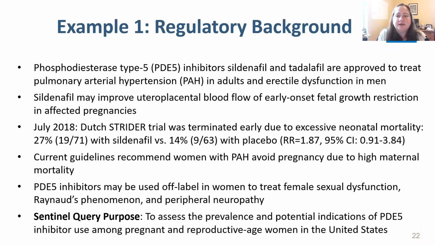So there was a set of trials called STRIDER, an international consortium of four randomized controlled trial sites. They looked at whether maternal treatment, treatment of the mother with sildenafil, can improve pregnancy and birth outcomes.